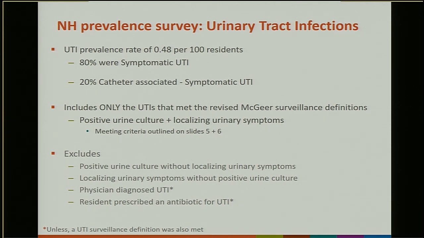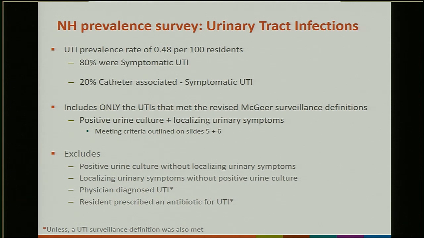I want to take a minute to reiterate that what we're talking about here includes only the urinary tract infections that meet the revised McGeer surveillance definitions. Going back to those slides that I showed earlier, you need to meet the positive urine culture criteria, and you also need to meet the localizing or systemic urinary symptoms.